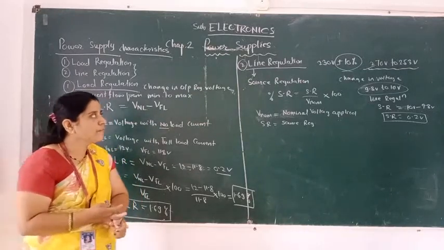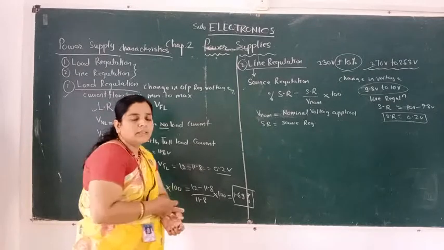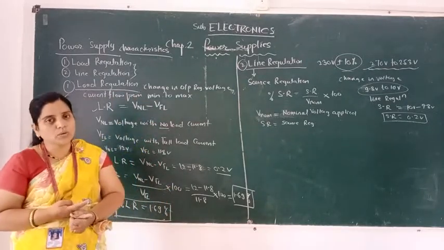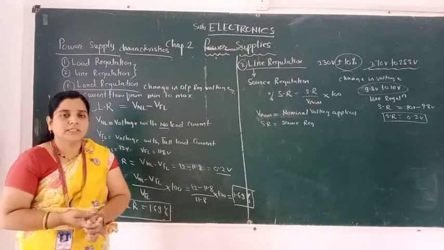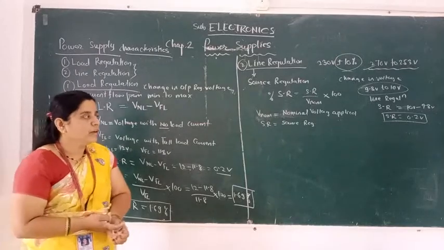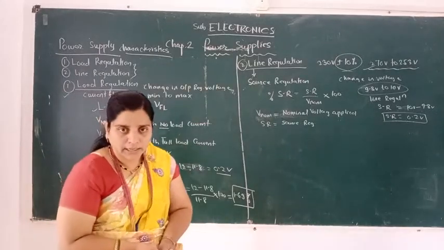And the percentage of this line regulation is what? Line regulation is also called source regulation, that is SR, which is equal to SR divided by V normal into 100.